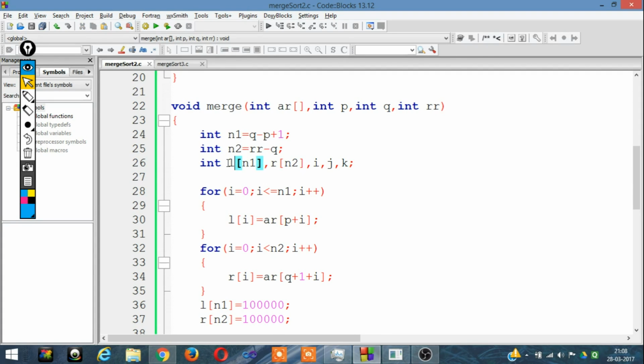Then I create two arrays L and R. Length of L is n1, and length of R is n2.